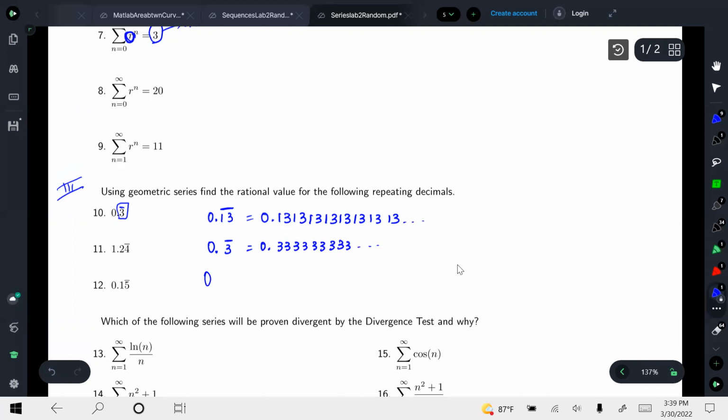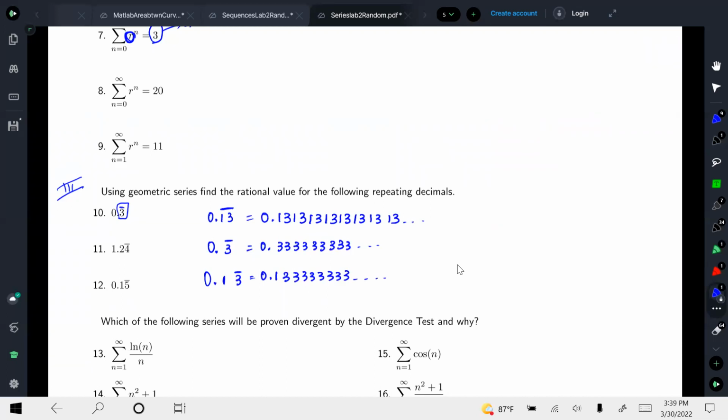Okay. So if you have 1.3 with a bar only on one term, then this is how you will expand: equal to 0.13333. The bar represents that a number is recurring.